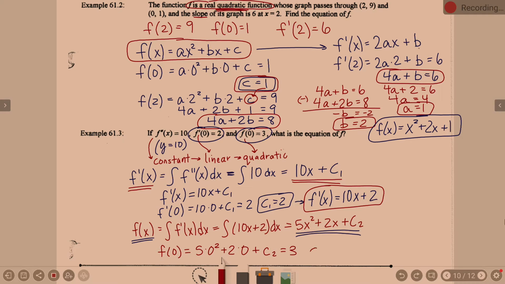So, of course, that tells me that C2 is 3. Carbon is 3. Does that mean anything to you guys? And final answer, f of x equals 5x squared plus 2x plus 3.